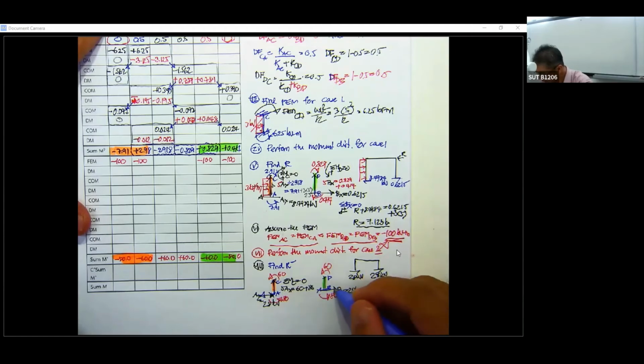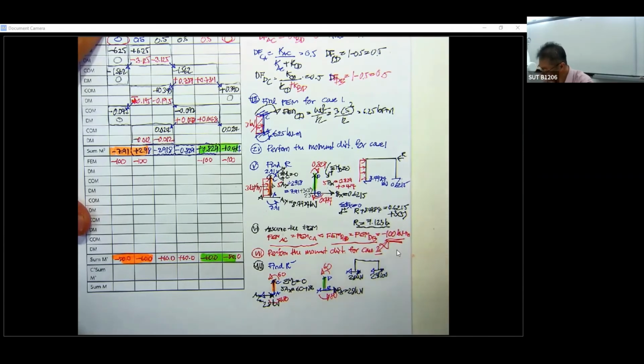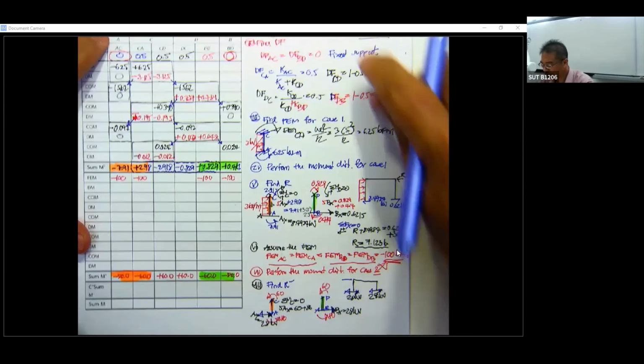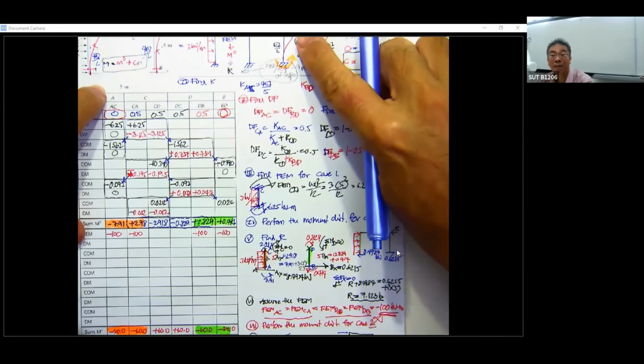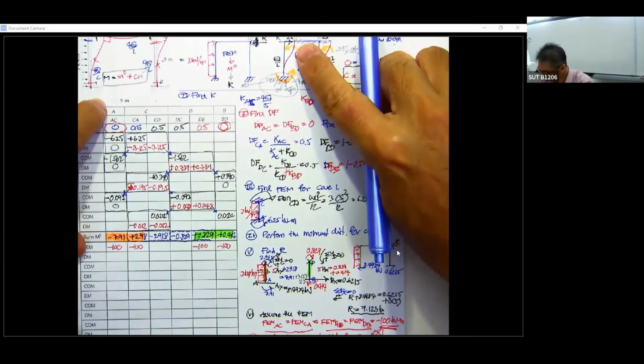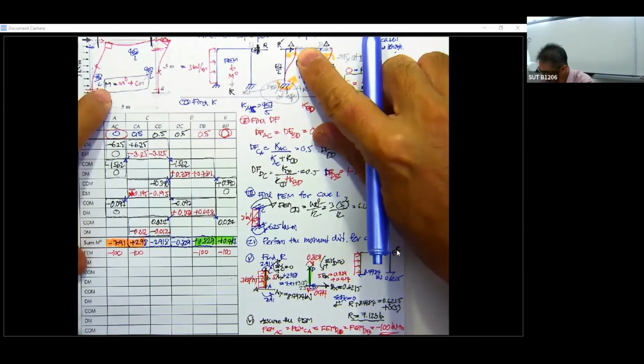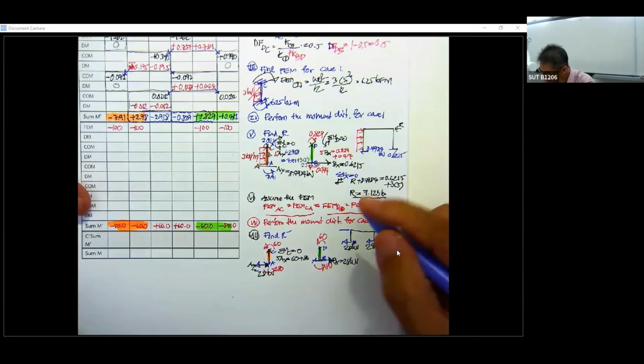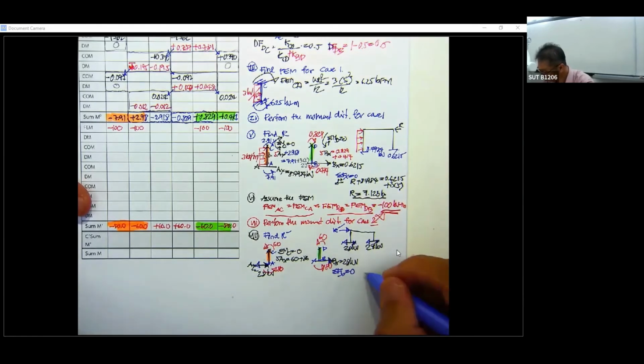So this one in this direction, this one in this direction, in order that you can determine the R prime over here. Okay, it's going to be in this direction, R prime. So summation of F sub x equal to 0. R prime will be 56 kilonewton.